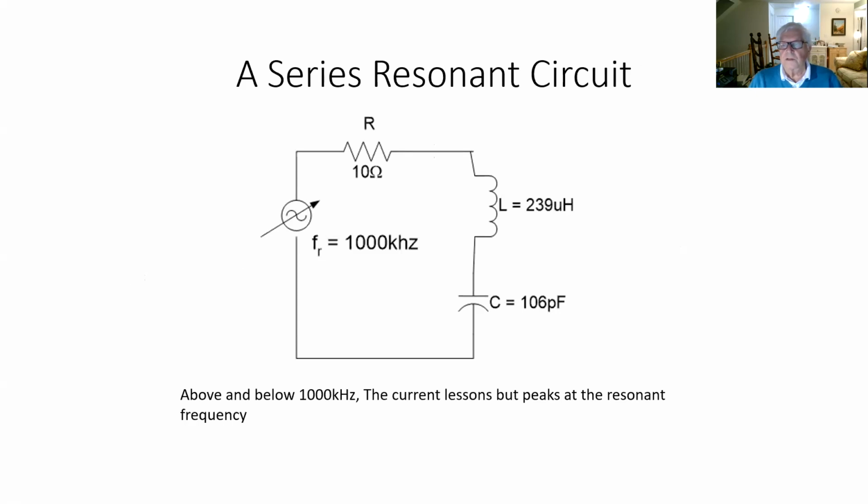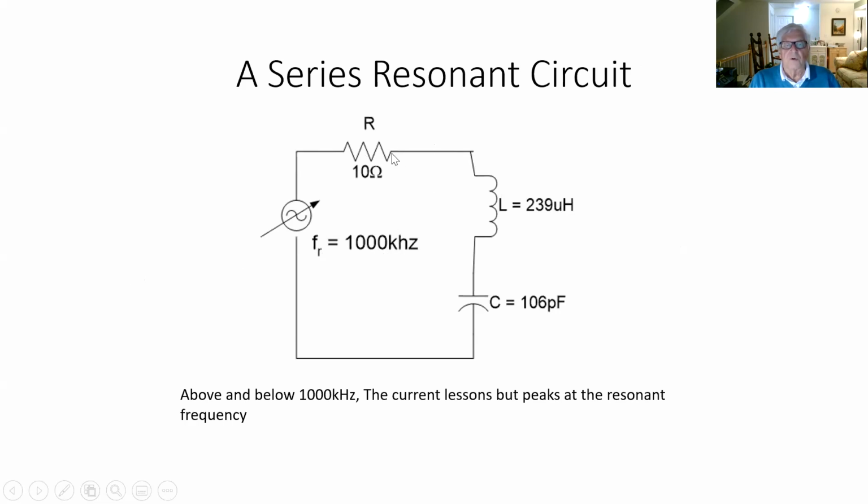So let's put that to the test. We have here a series resonant circuit. For today, we'll just consider the series resonant circuit, of which we know in advance that the resonant frequency is going to be 1,000 kilohertz. That's where our resonance is.